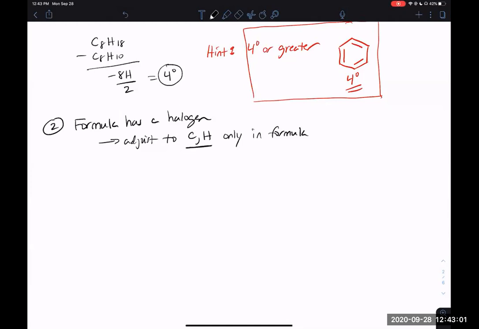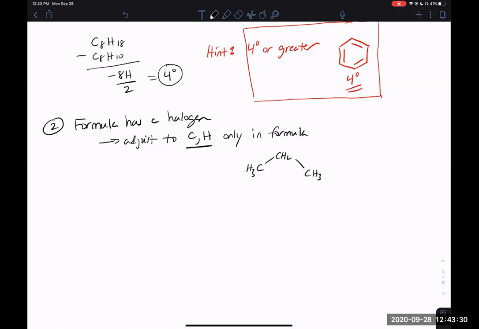So we're going to make a fake formula, basically, that has the same level of double bonds or rings in it. To see what I'm talking about, let's do a quick example with propane. Propane is a C with 3 H's going to a CH2 going to a C with 3 H's.